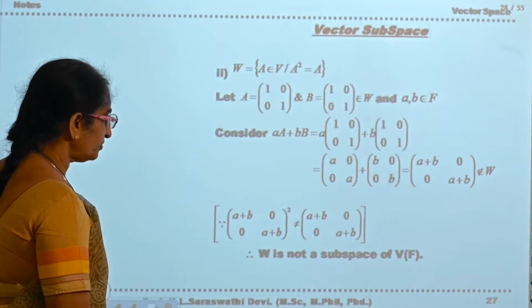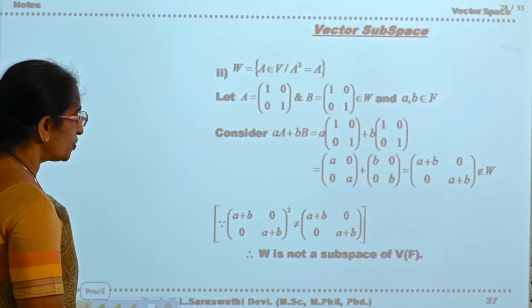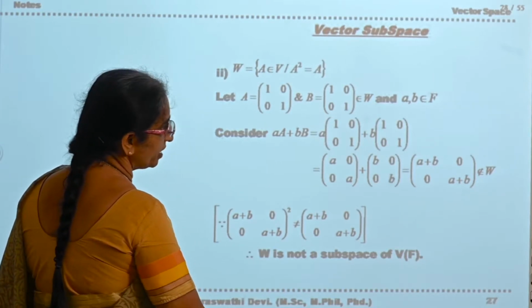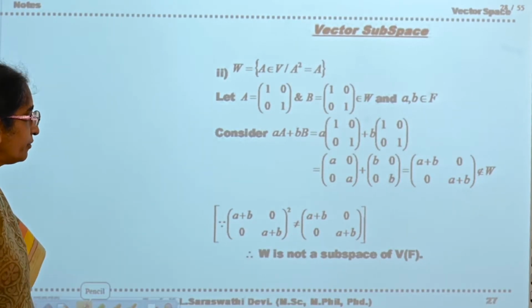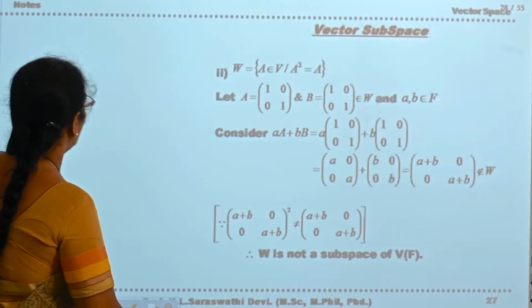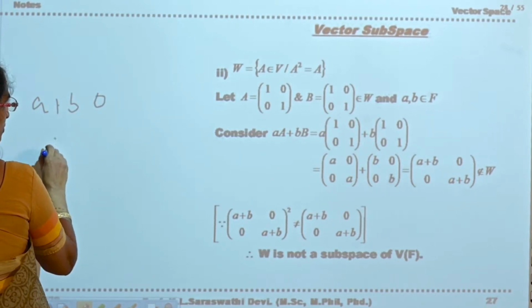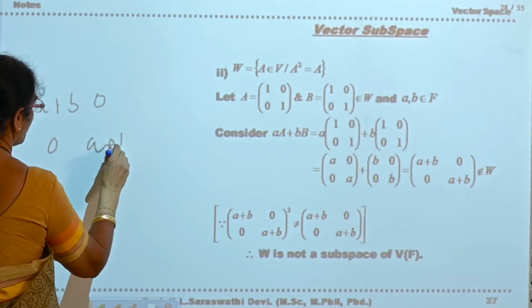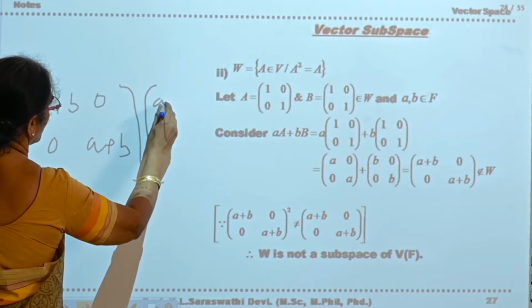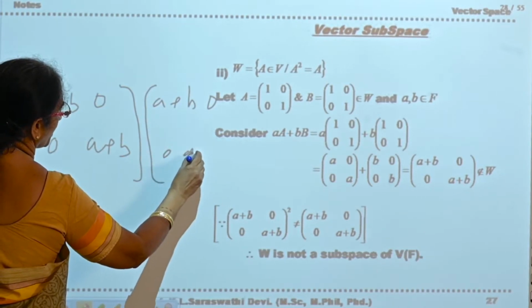Now if you take this into itself, the square should not be equal to itself. A square is not equal to A in this case. You can verify on your own. Multiply [a+b, 0; 0, a+b] into [a+b, 0; 0, a+b].